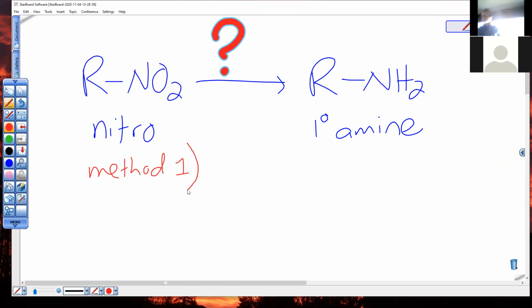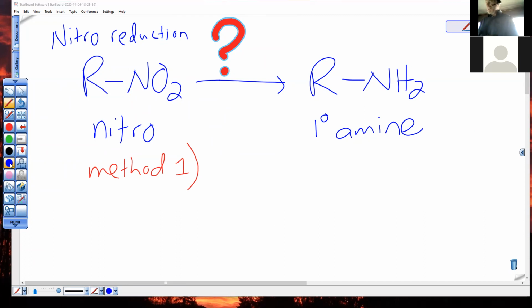Okay, now we've done a lot of reductions. Nitro reduction would be a good title here. What reductions have we done? We started in chapter 6 where we reduced alkenes to alkanes using H2 and Pt. That will work here if you use the right type of conditions.